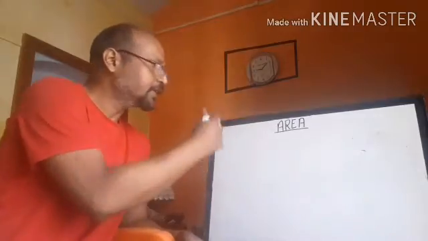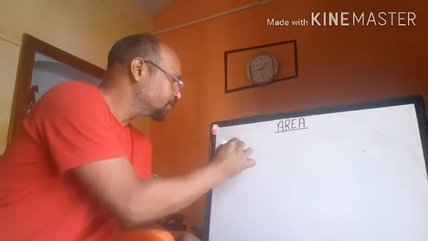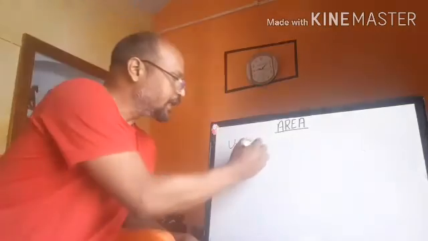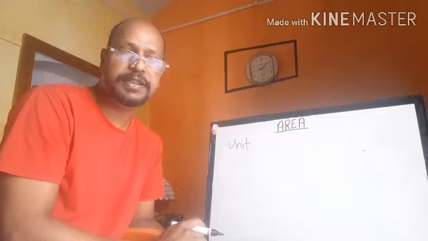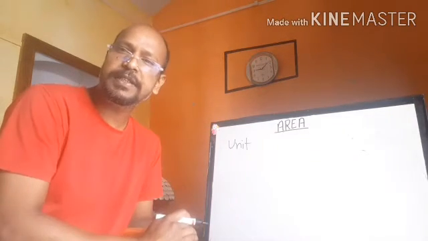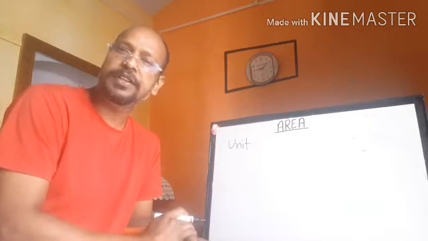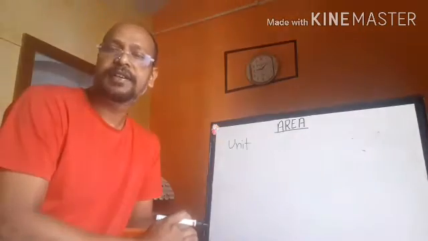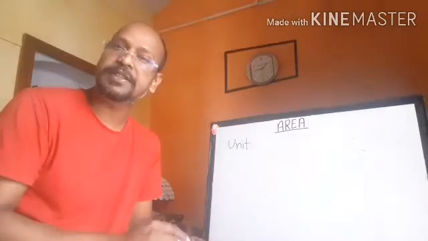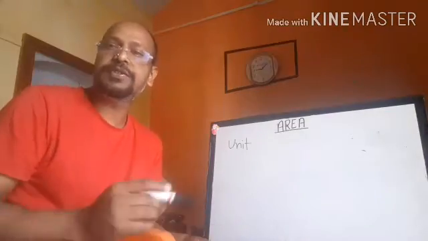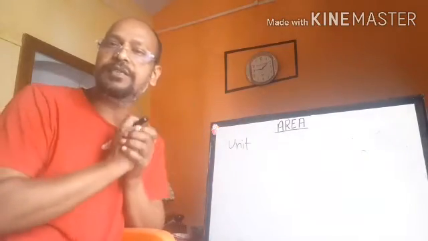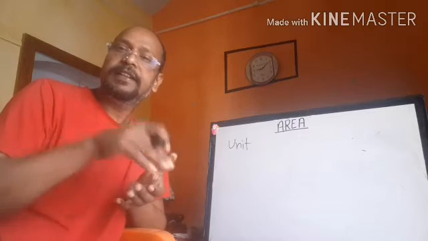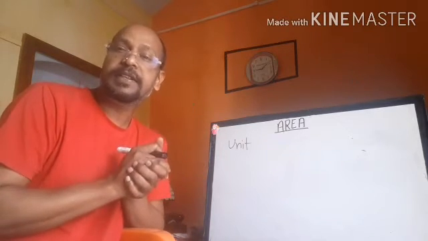So here the unit of area is, suppose you are taking squares of centimeters, then the unit of area will be the centimeter square. It means you are taking squares of centimeters. And if you are using squares of 1 meter side length, then the unit of area becomes meter square.